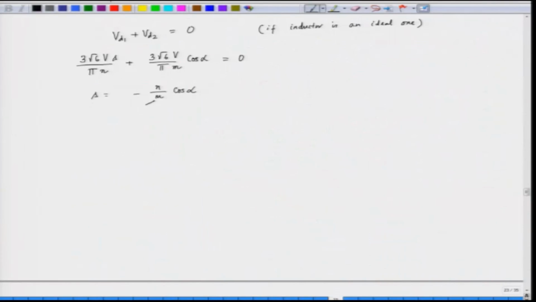Now, if we want to design the transformer of turns ratio M, what should be the turns ratio M here, and what is S max here? So, S max is nothing but N by M into cos alpha max. So, the maximum value of slip is equal to N by M into cos alpha max.